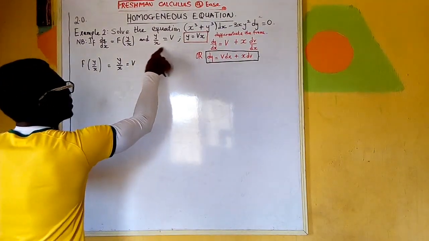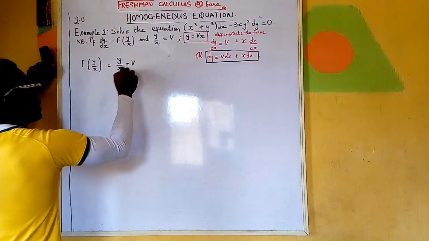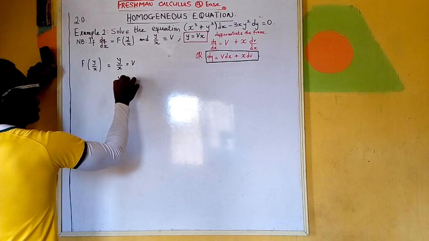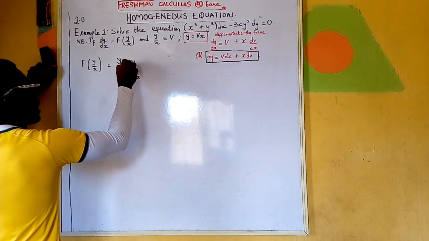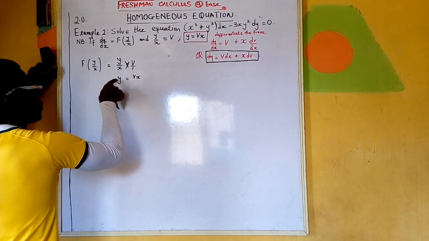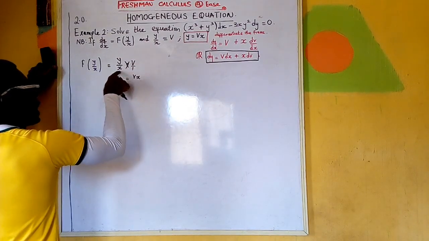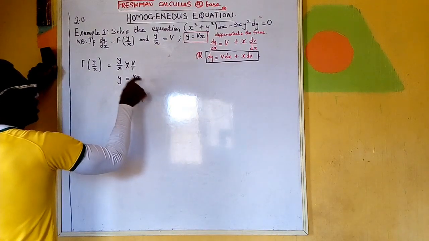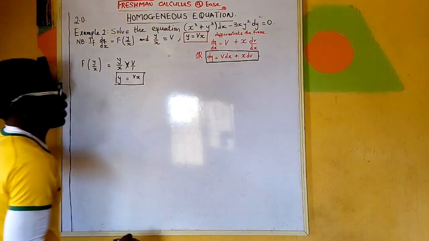Looking at y over x equal to v, it can also be said that y is equal to vx. What did I do here? You cross multiply. Y times 1 is y, v times x is vx. And this holds what you have in this frame here.